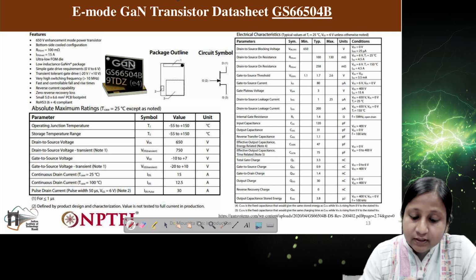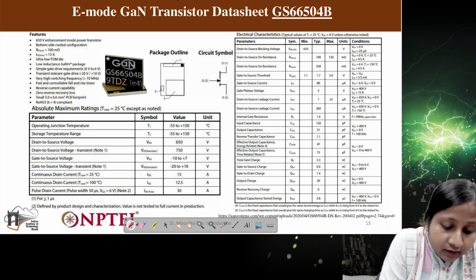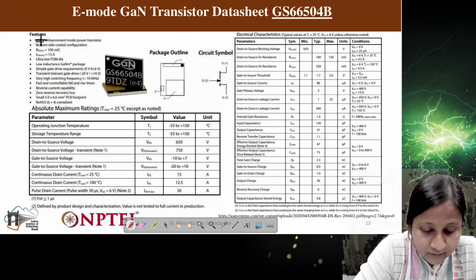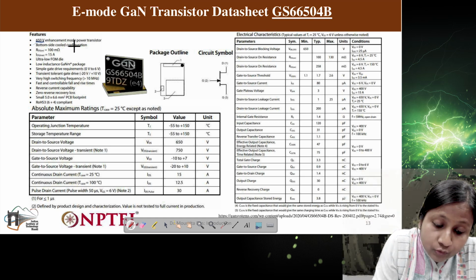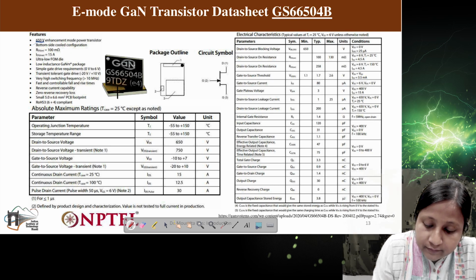This data sheet is for the GaN transistor, which has a rating of 650 volts, and this is a bottom side cooled device, as you can see from this device structure. On the top side it is written GaN and GS66504B, the part number of the device, and the bottom side has different points.